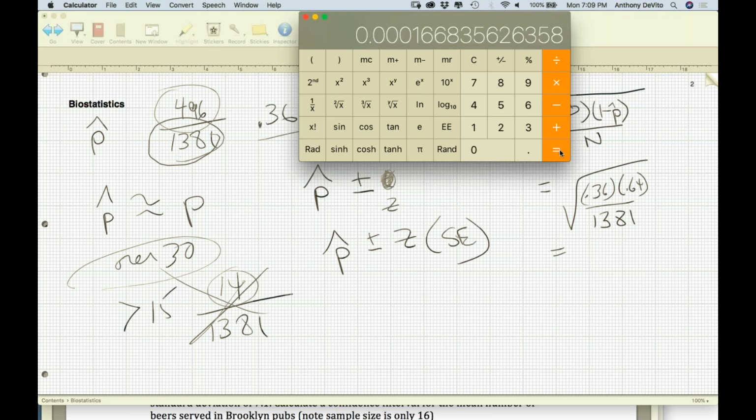It looks like a tiny number, but you've got to take the square root of it. And when you do a fraction, the square root is going to be a bigger number. The square root comes out to be 0.013, 1.3%. So how are we going to use that?